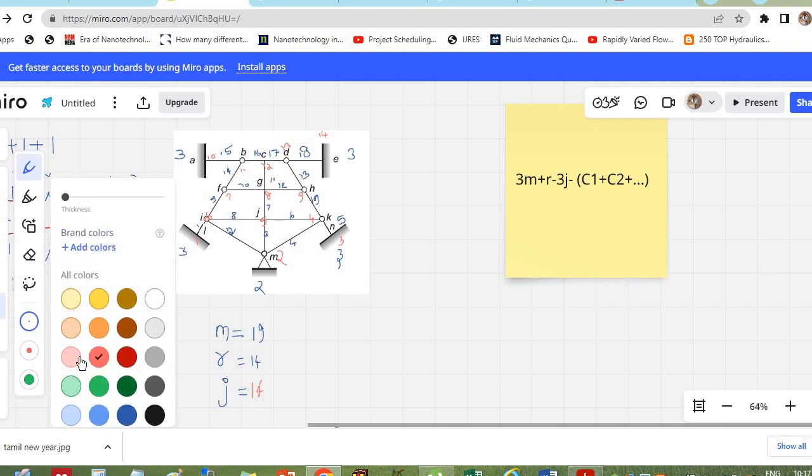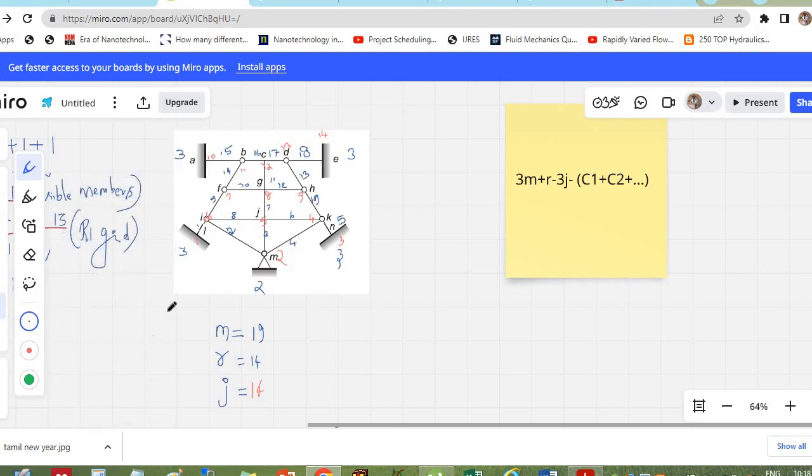Then what we have to do is calculate the C value. Take joint M. At this joint M, C1 equals 3 members are meeting, so 3 minus 2 equals 1.